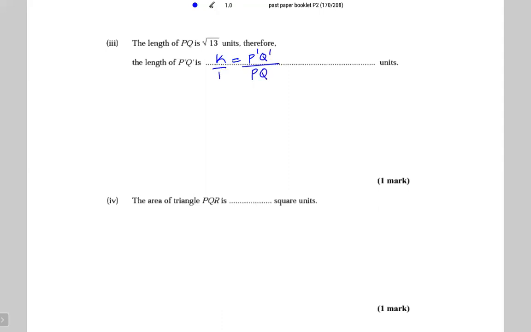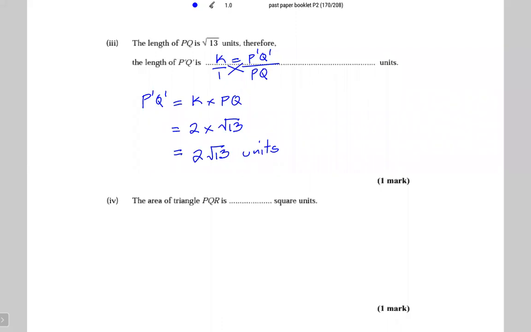If I have one fraction equal to one fraction, I would cross multiply. So it means that P prime Q prime would be equal to K multiplied by PQ. So therefore, P prime Q prime would be K, 2, multiplied by PQ, which is root 13. So we could just simply write this as 2 root 13 units.